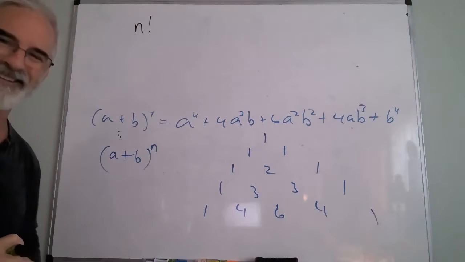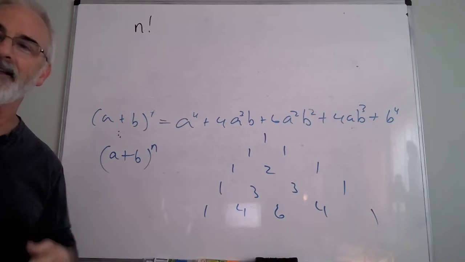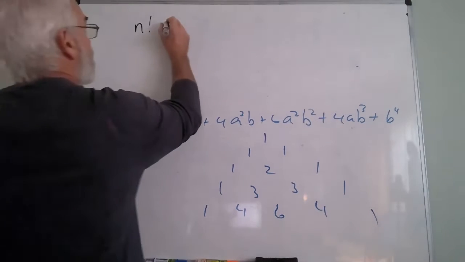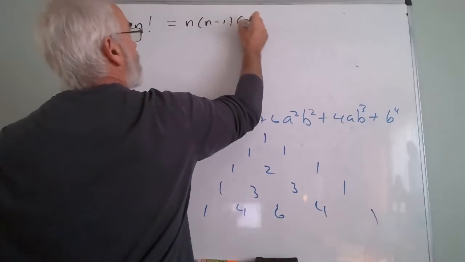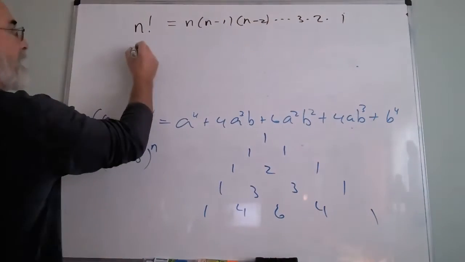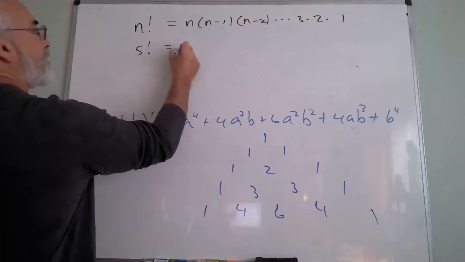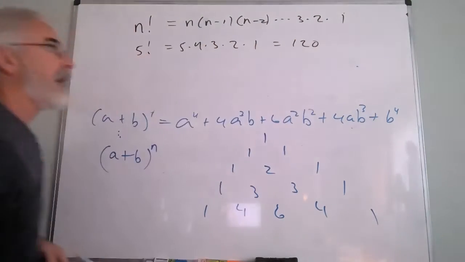No, it's not. No, this is called n factorial. And for a positive integer n, this is equal to n times n minus 1 times n minus 2, and so on, down to 3, 2, 1. So if I said 5 factorial, that's 5 times 4 times 3 times 2 times 1, or 120.